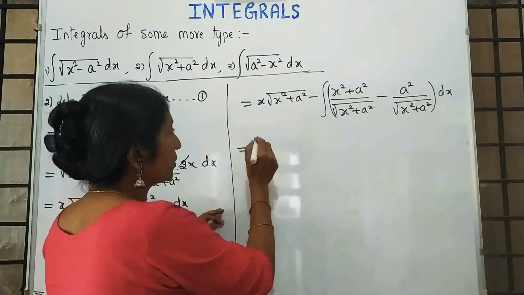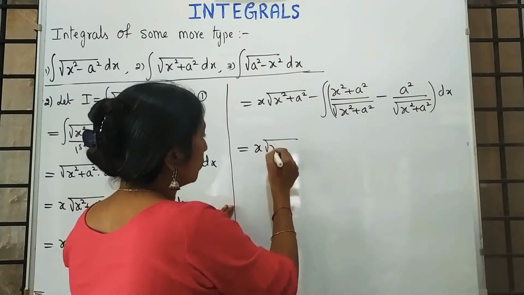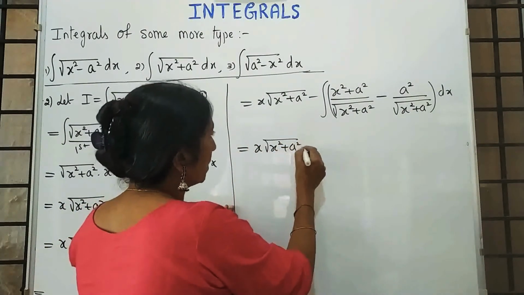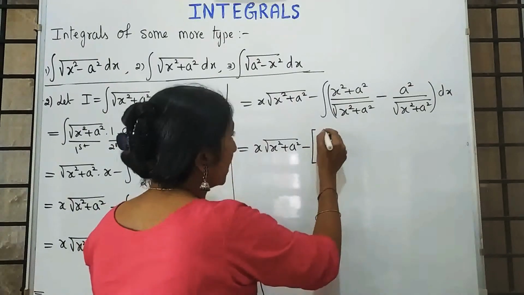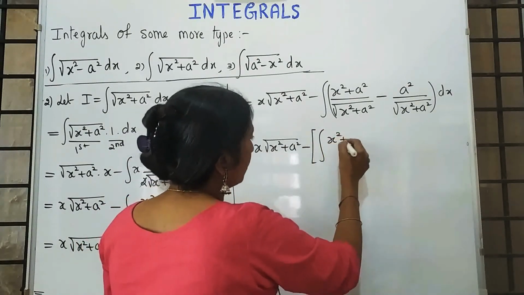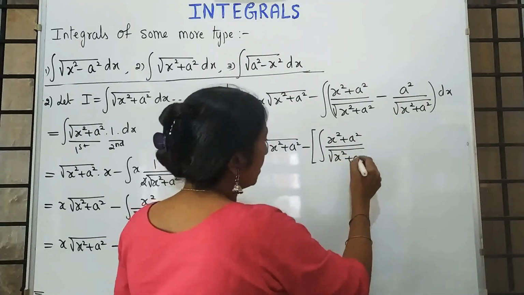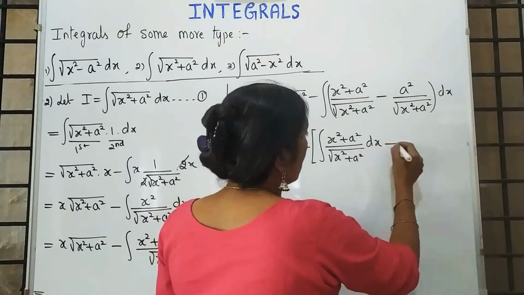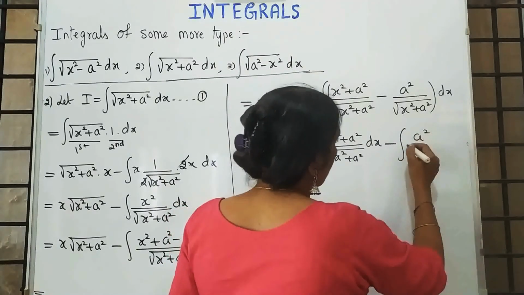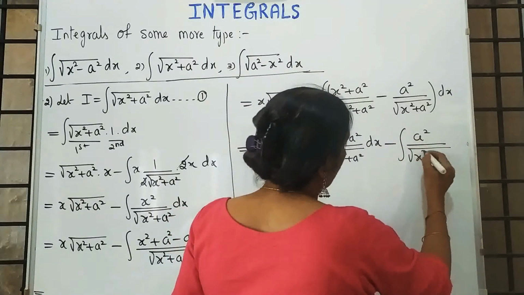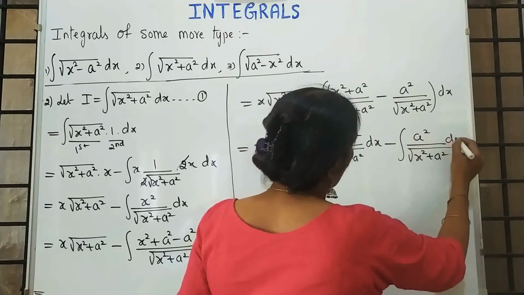Take integration separately. x into root of x square plus a square minus, in the bracket I am writing, integration of x square plus a square upon root of x square plus a square into dx, minus integration a square upon root of x square plus a square into dx.